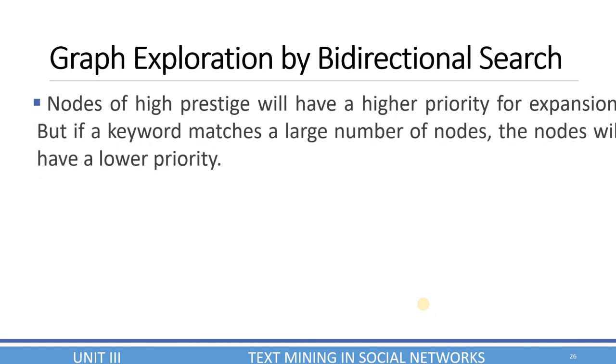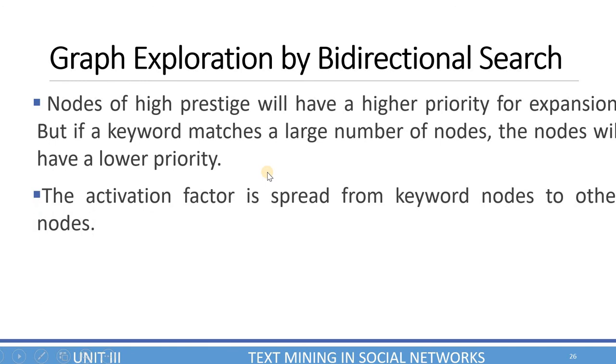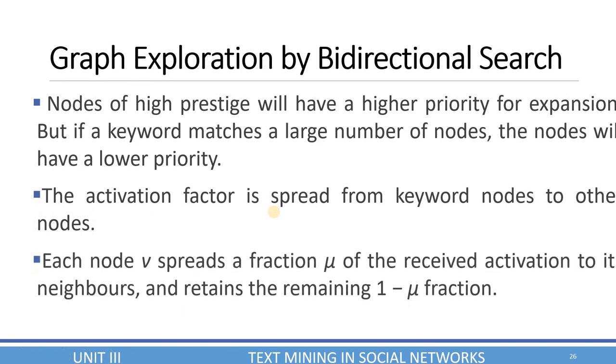In bidirectional search, nodes of high prestige will have a higher priority for expansion. But if a keyword matches a large number of nodes, those nodes will have a lower priority. The activation factor is spread from keyword nodes to other nodes. Each node V spreads a fraction mu of the received activation to its neighbors and retains the remaining 1 minus mu fraction.